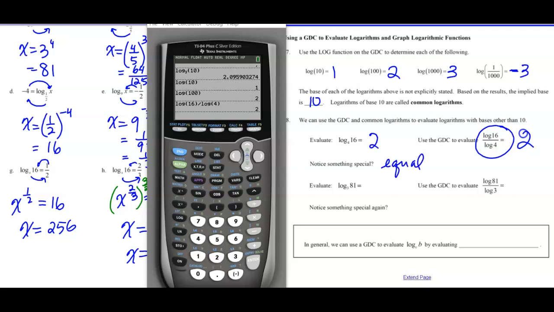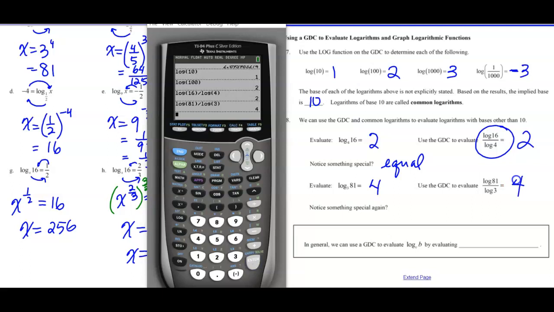Let's try the next one. Log base 10 of 81 divided by log base 10 of 3. So log 81, close the bracket, divided by log 3. You get 4. 3 to the 4th is 81.